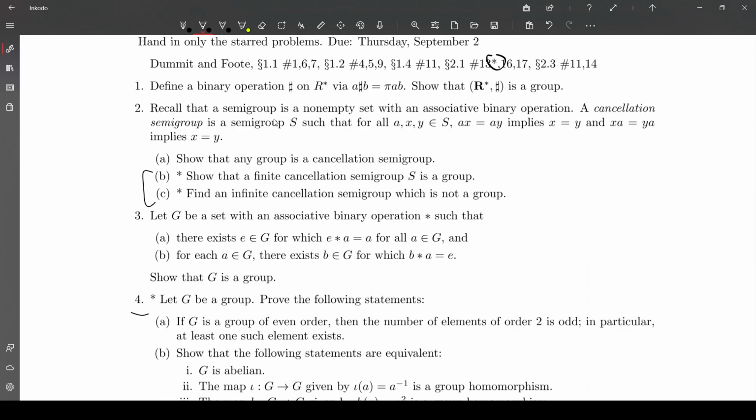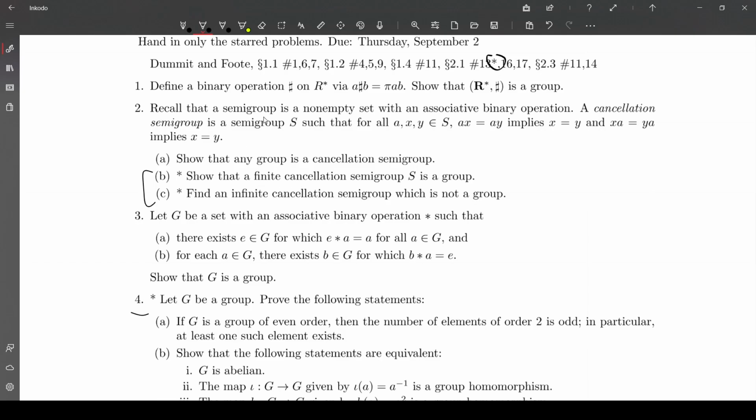So here we have a problem about finite cancellation semigroups, or just cancellation semigroups, I guess. B deals with finite and C deals with infinite.